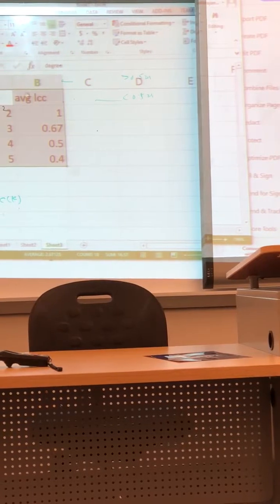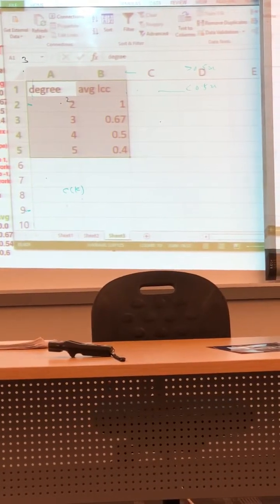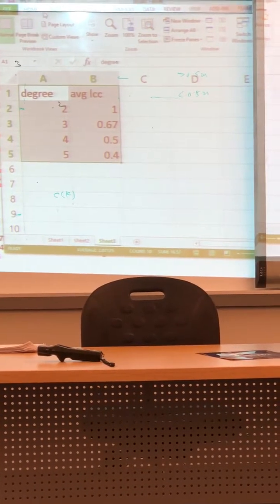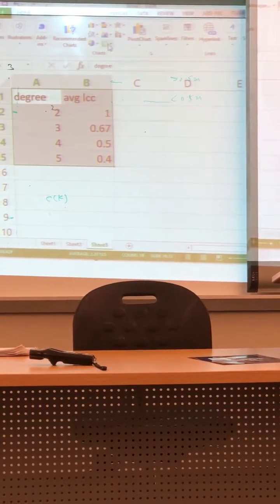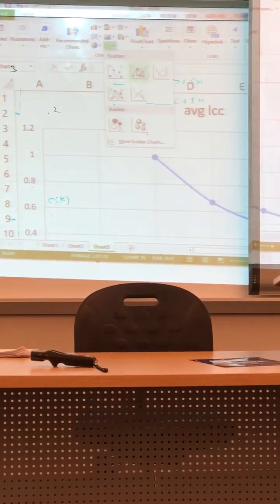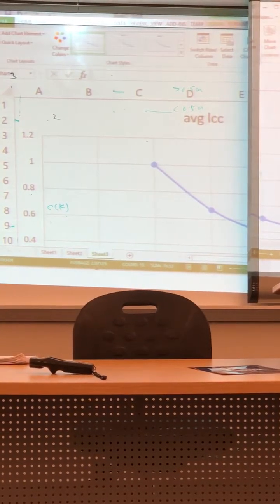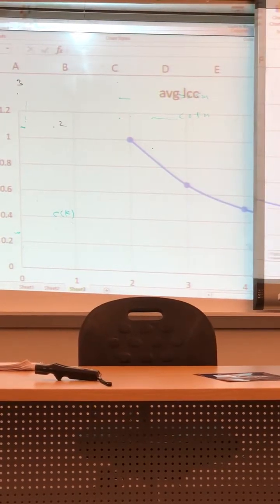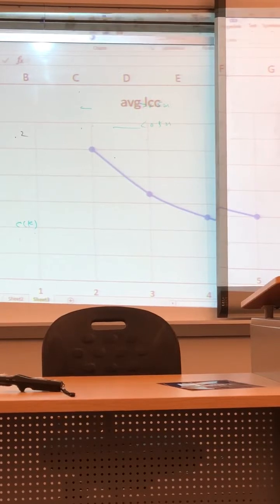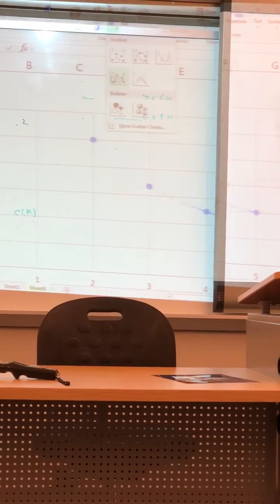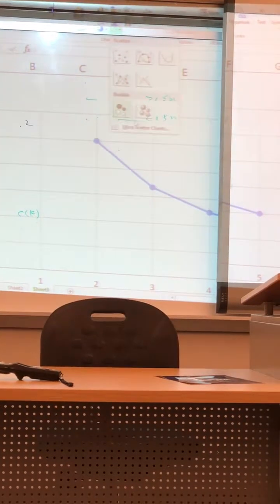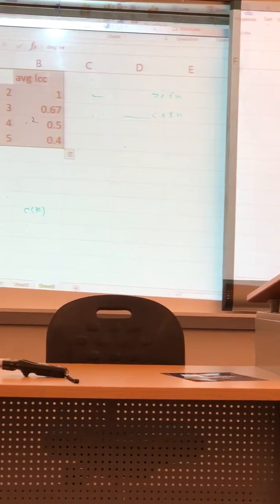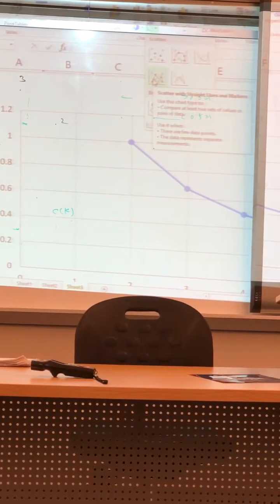Go to Chart, and there's a straight line option here.